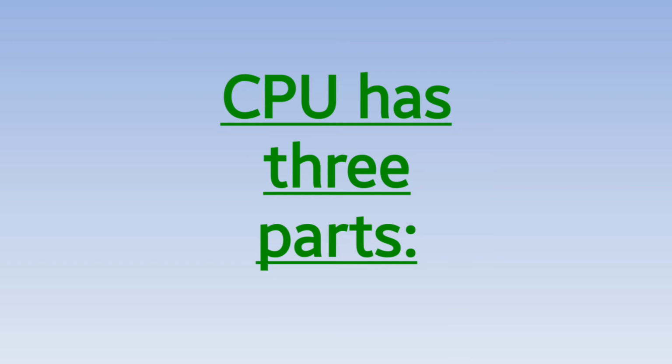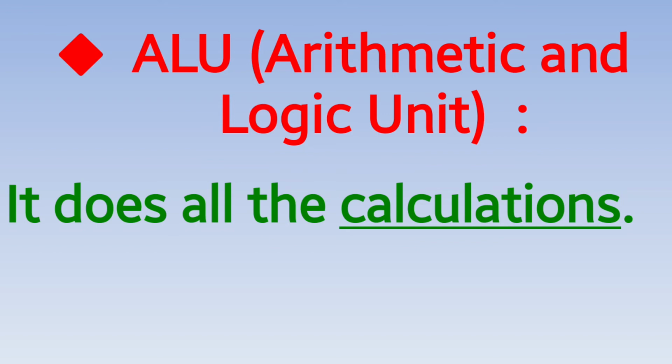Now, let's learn about the CPU. CPU, Central Processing Unit, has three parts. The first part of the CPU is ALU. Its full form is Arithmetic and Logic Unit.